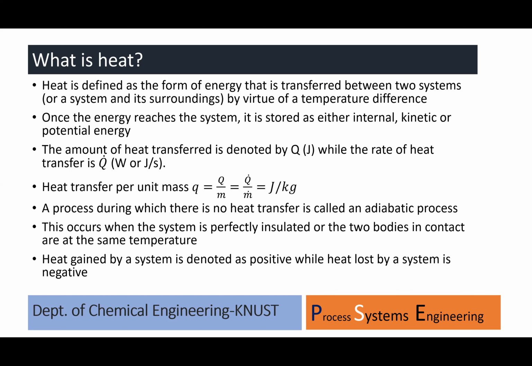So those are the properties we consider. We don't consider heat and work as properties of a system. But if we want to determine the heat for a given mass of a material, we can divide it by m. Is that okay?